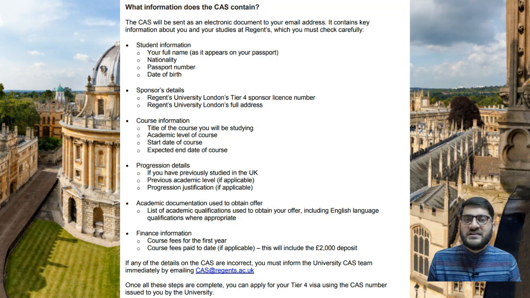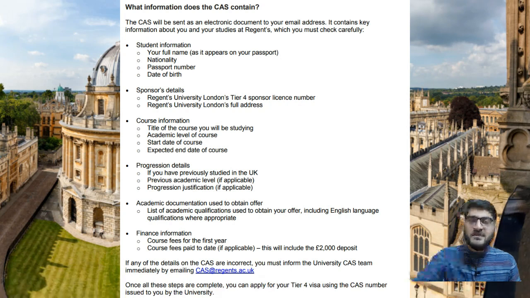In this case, I have taken Regent University as an example. So Regent University will become your sponsor to issue you the CAS letter, and that university must be approved by the government of the UK and should hold the license to sponsor the Tier 4 visa. So that is one of the criteria.